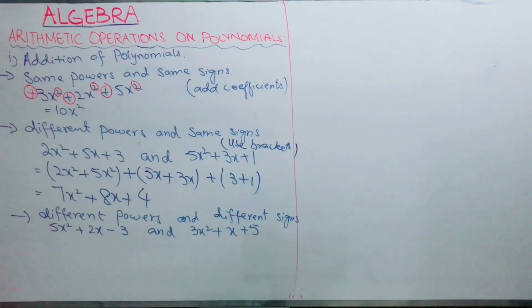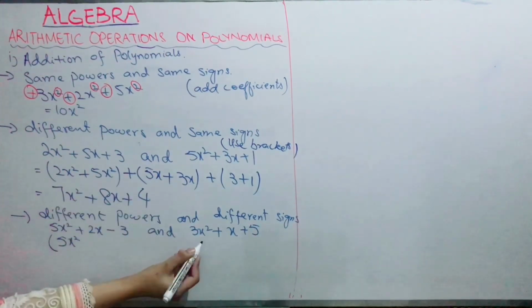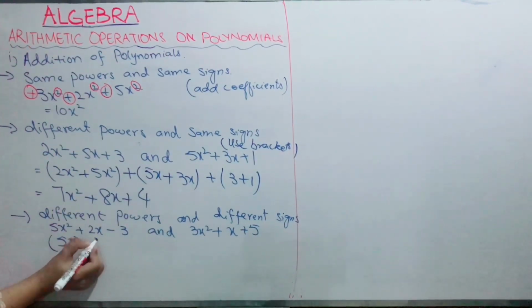Right? Now you are having different powers and different signs, so what you have to do is, first step will be remain the same. You will use the bracket 5x square plus 3x square.